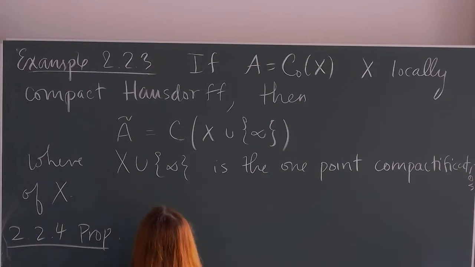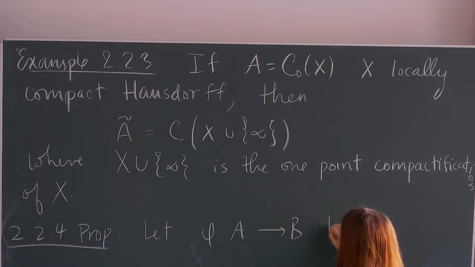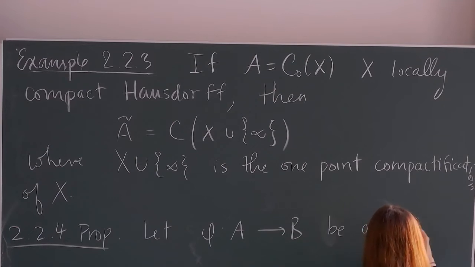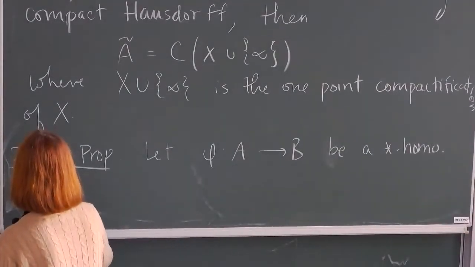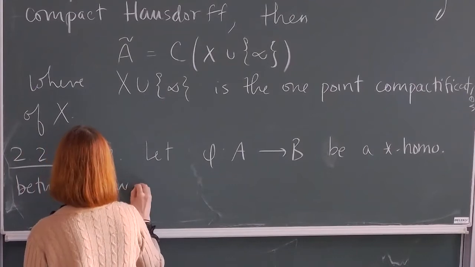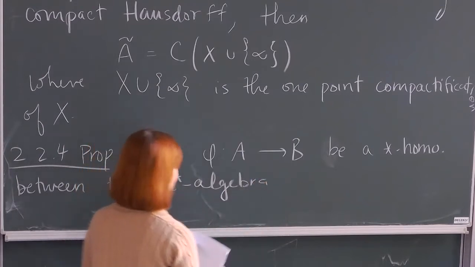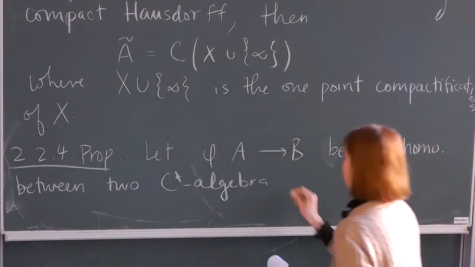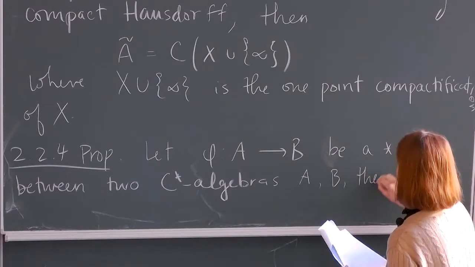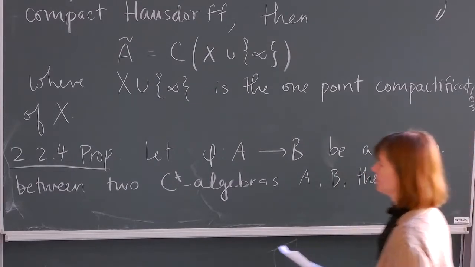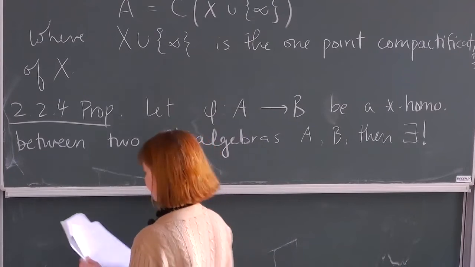If we have a star homomorphism between two C-star algebras, so recall this is just an algebra homomorphism that also sends adjoints to adjoints, then there is a unique extension to A tilde, which is going to be a unital star homomorphism.